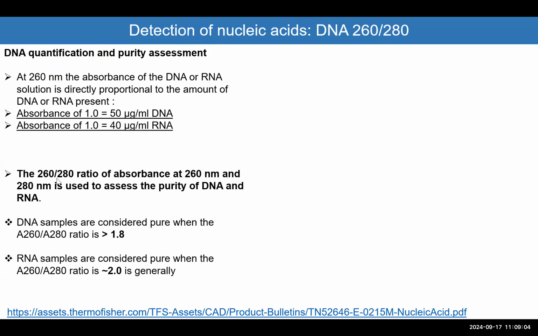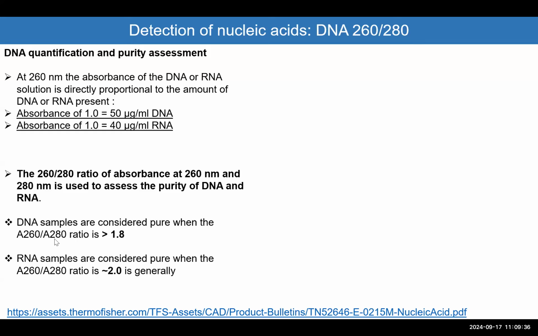Now, when you perform the measurement, it will give you the values for the 260 peak, the 280 peak, and the 230 peak. So in this slide, let's just look at the 260 to 280 because it will tell us the purity of the nucleic acid compared to having protein or phenol impurities. Generally speaking, this has to be more than 1.8.